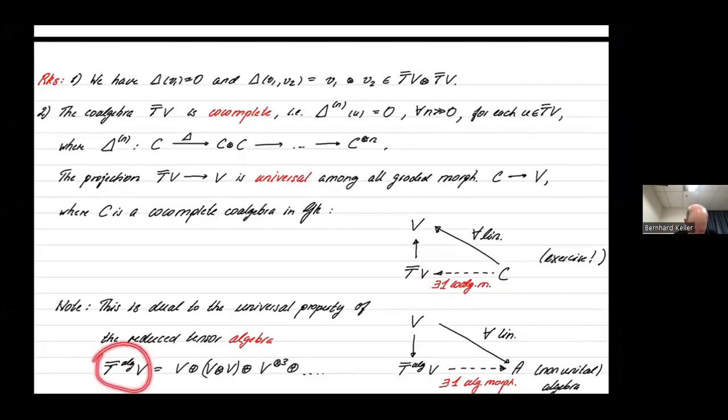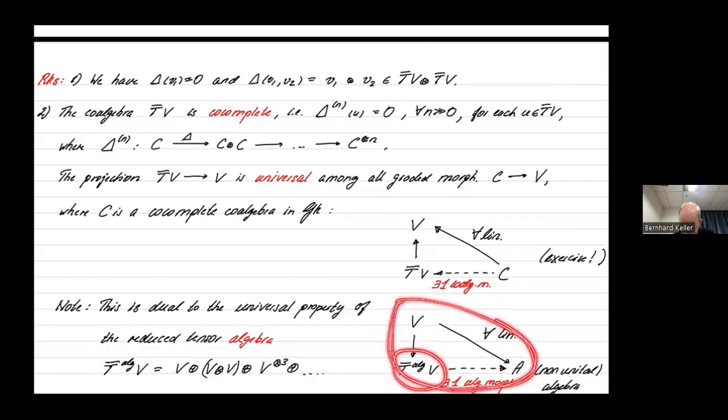So the reduced tensor algebra is the same vector space, but with the concatenation product. And it has the dual property: whenever we give ourselves a linear map from V to some non-unital algebra, it extends in a unique way to an algebra morphism defined on the tensor algebra on V. So this is, of course, the natural universal property, which we know very well for the tensor algebra.